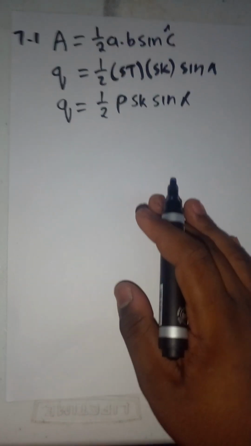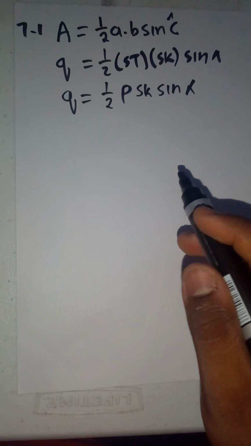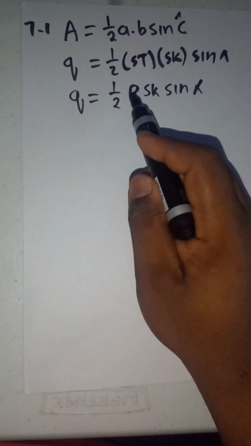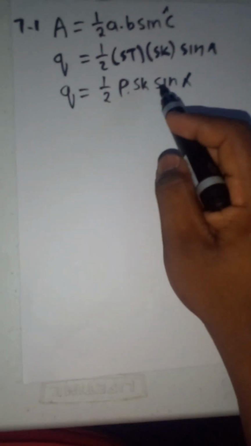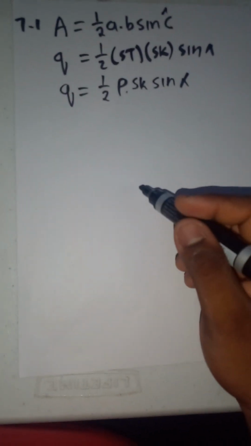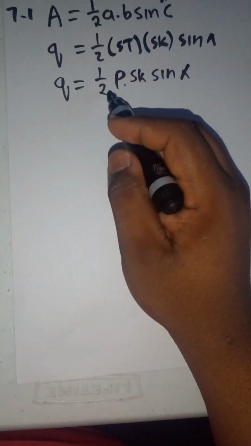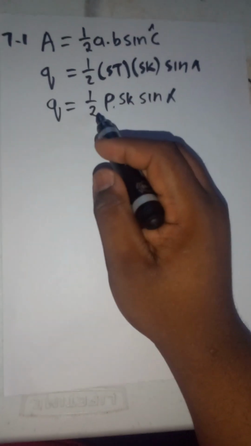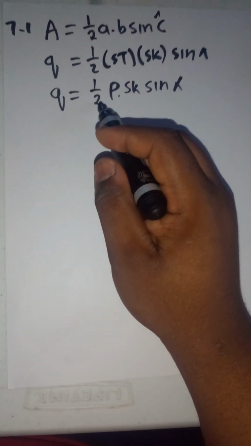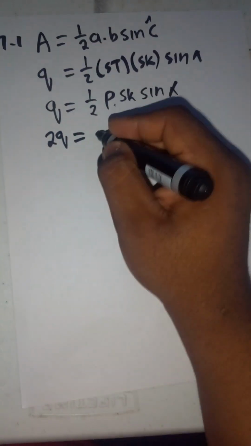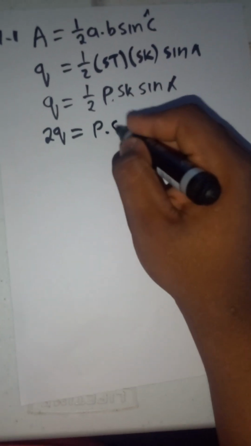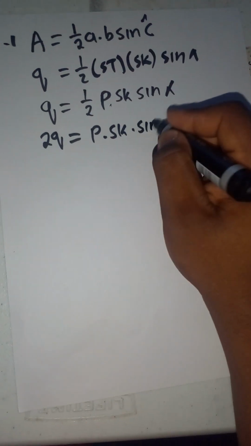Is it fine? So after that, we can see that half is multiplied to P, and it is also multiplied to SK sine alpha. So what you can do, you can multiply everything by the denominator, because this is a fraction. So we'll have 2Q equals P times SK times sine alpha.